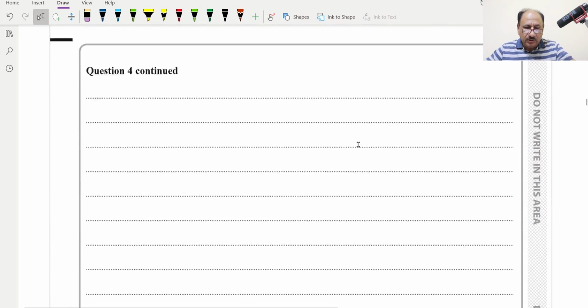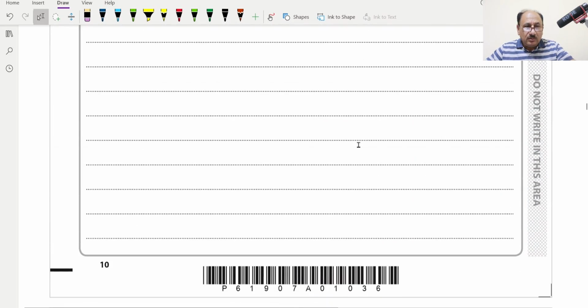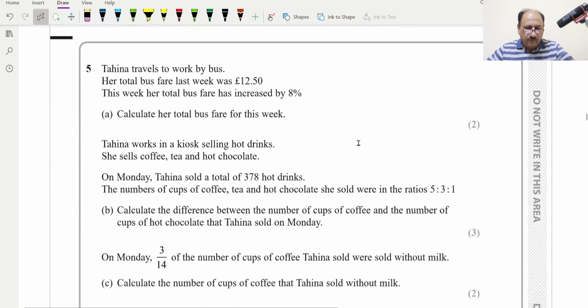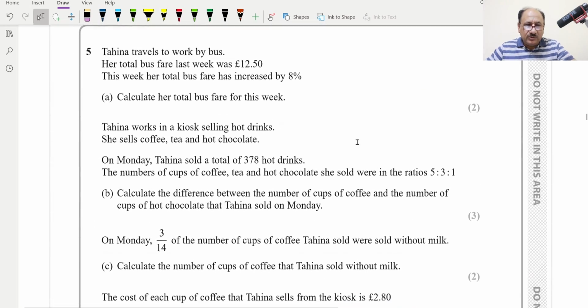Hopefully you understood this. Then next we can move to question number 5, and question number 5 says Tahina travels to work by bus. Her total bus fare last week was this much. This week her total fare has increased by 8%.